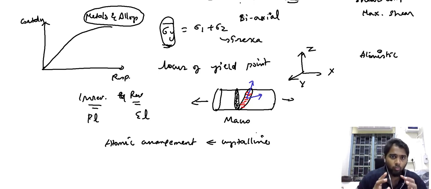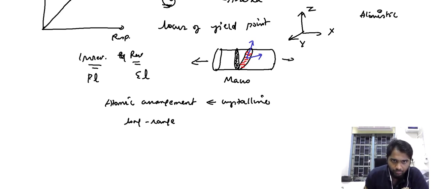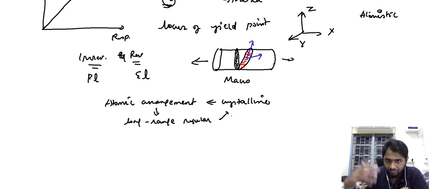And when you consider what this crystalline arrangement means, it stems from the atomic arrangement. The crystallinity of metals and alloys stems from the atomic arrangement. And when you have a long range regular arrangement of atoms, it ultimately leads to a crystalline material.